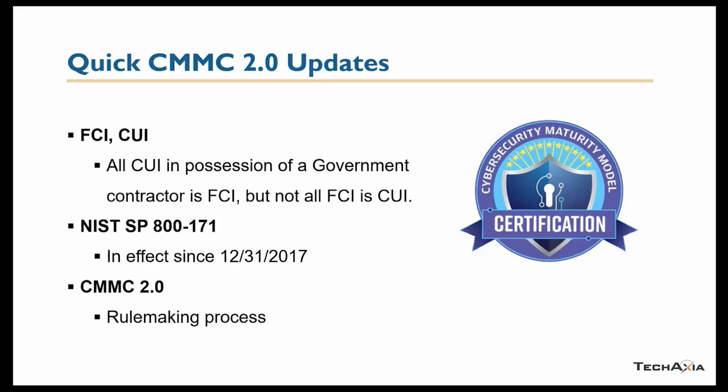NIST 800-171 has been in effect since December 31st of 2017. We all know that CMMC 2.0 is currently going through the rulemaking process and has not yet been finalized, but NIST 800-171 has been in effect since December 31st, 2017.